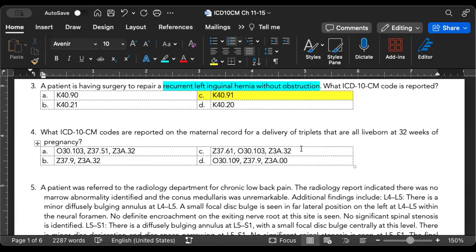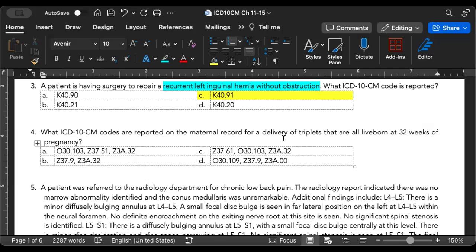We have to expand that in the back. So let's flip to O30.10. And then we need to determine what trimester we are in. So if we are 32 weeks pregnant, which trimester is that going to be in? First, second, or third.